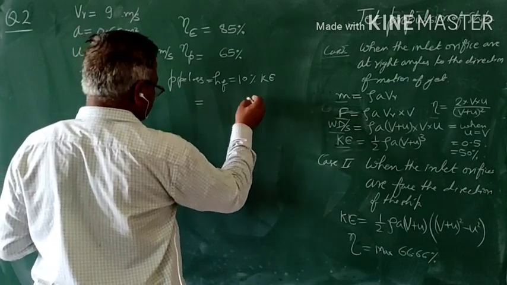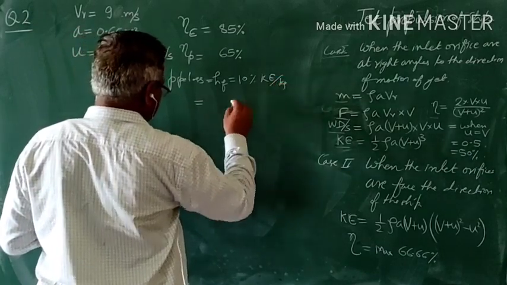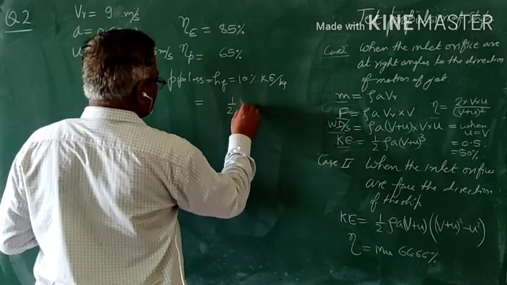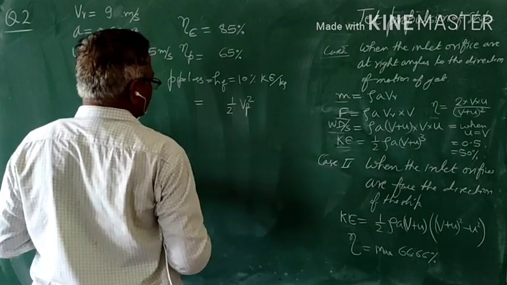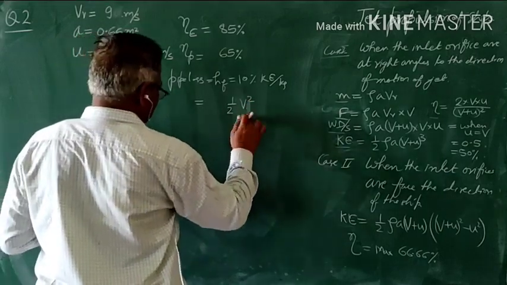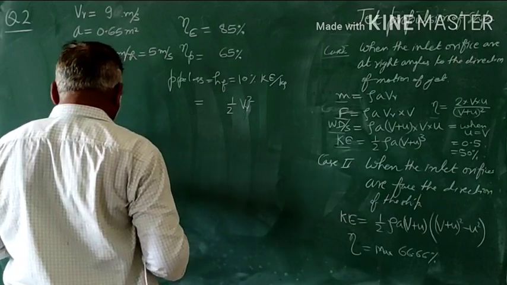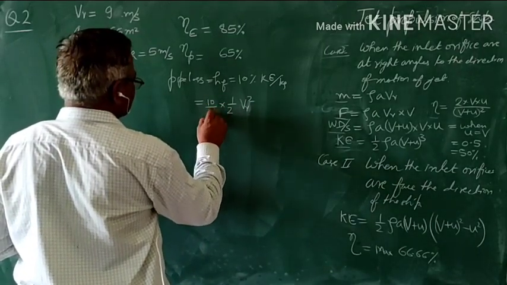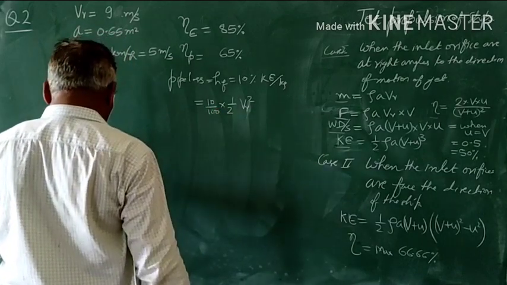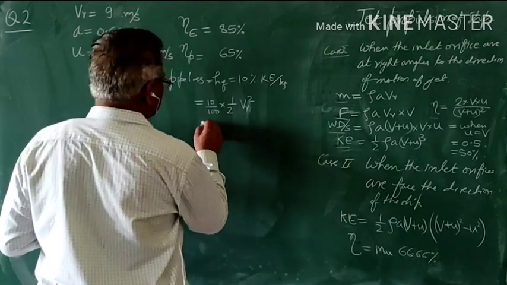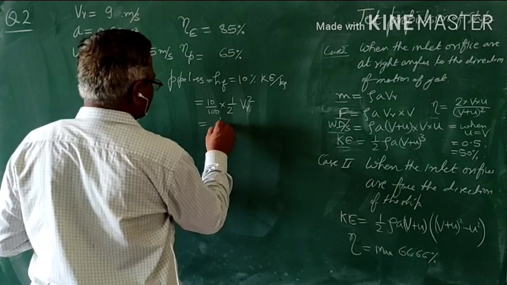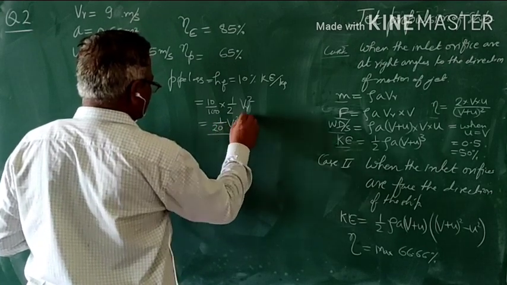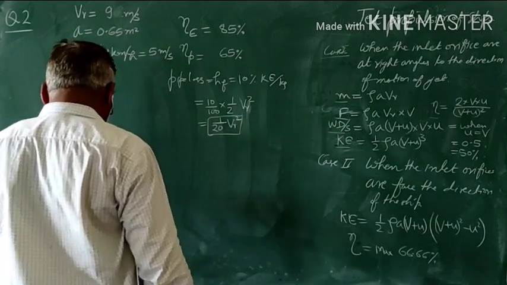If we consider the kinetic energy of the jet per kg, it will be 1/2 VR square, and there is a loss of 10%, so 10/100. So it will be equal to 1/20 VR square. This is the loss in the pipe.